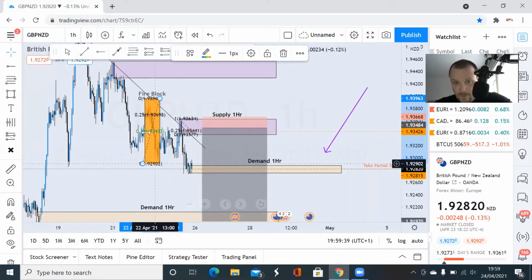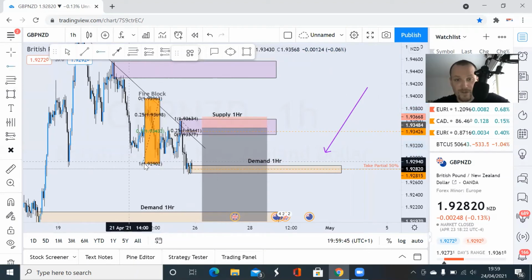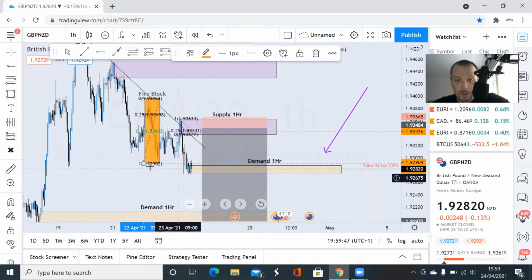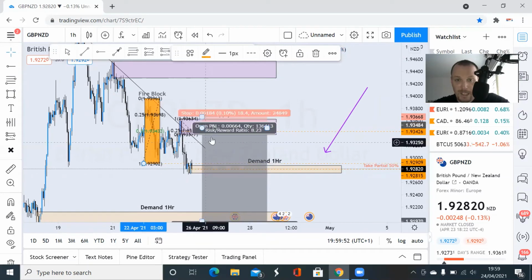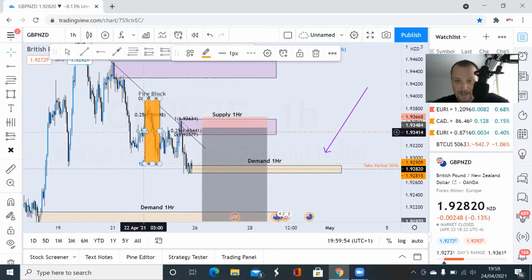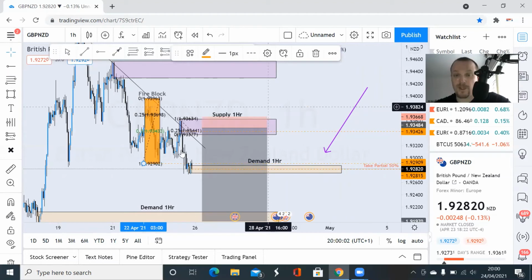So the halfway point of the bigger fire block, as it comes down, what we are looking for, and the reason I call this a fire block, is we are waiting for the push out of the bottom area, okay? So the flag will come back in, and it's going to test the halfway point of the previous fire block. But what makes this even more interesting is we've got a supply zone, okay, from the order block on the last buy before the sell.